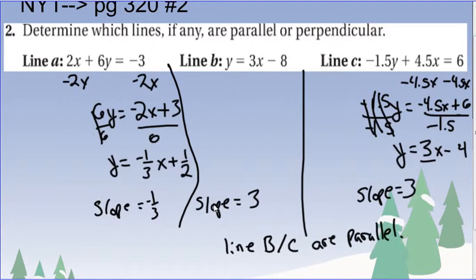Now, is this guy the opposite reciprocal of that? And the answer is yes, it is. The opposite because this one's negative and that one's positive, so they are opposites. Reciprocal. If you take this 1/3 and you flip it upside down, you're going to get 3/1. That's what that is as a fraction. So line A is perpendicular to that.